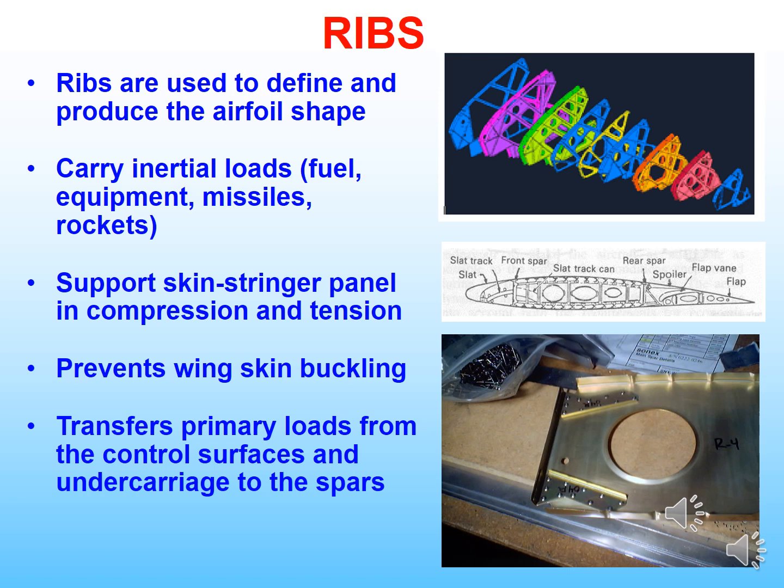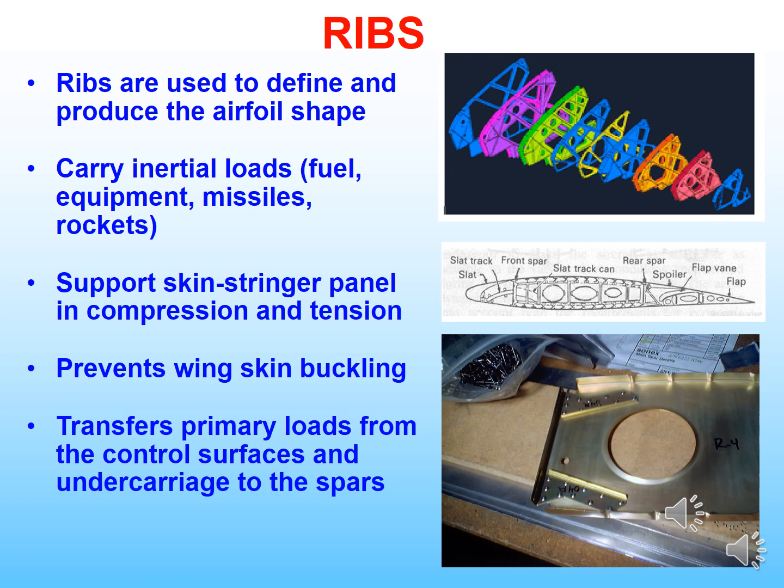Then comes the ribs. The ribs are used to define and produce the aerofoil shape for a wing. It carries inertial loads such as fuel or equipment. In some cases, like missiles and rockets, the inertial loads are carried by the ribs alone.